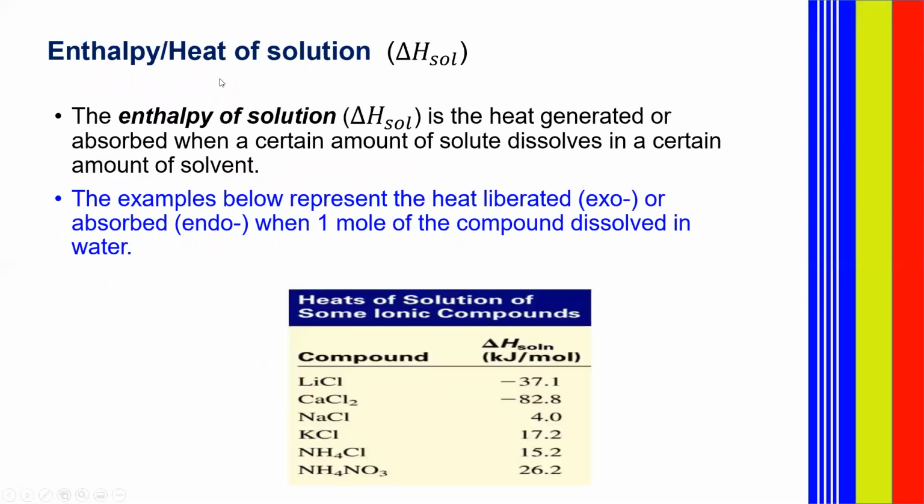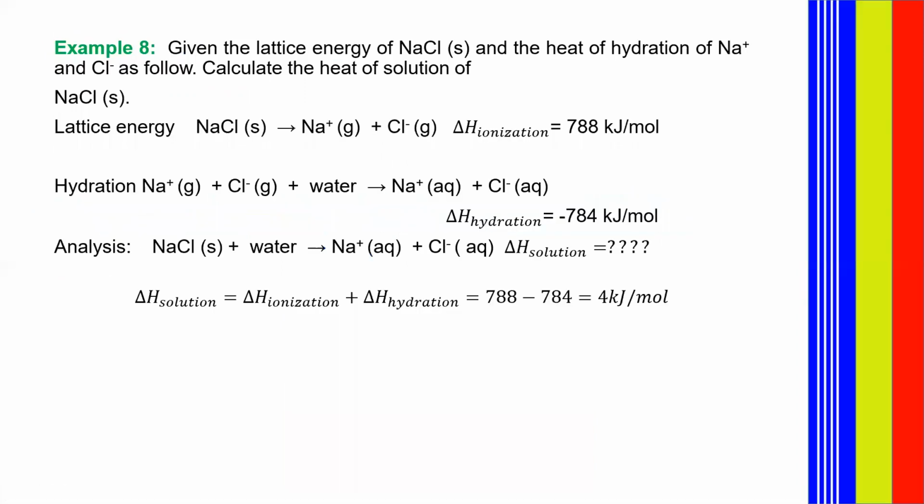So as I said, you have different types of reaction involving the enthalpy, and one of them is also solution. Delta H of solution. An example is: given the lattice energy of sodium chloride and the heat of hydration of Na plus and Cl minus, calculate the heat of solution.